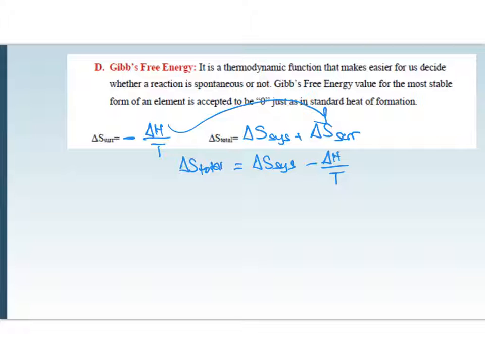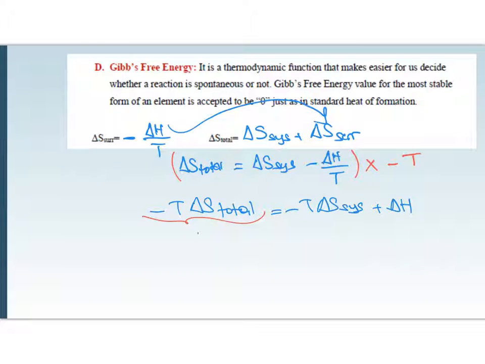Now please multiply this whole equation by minus temperature. It's going to be minus T times delta S total is equal to minus T delta S system plus delta H. So this is known as delta G here. So delta H minus T times delta S will be the formula.